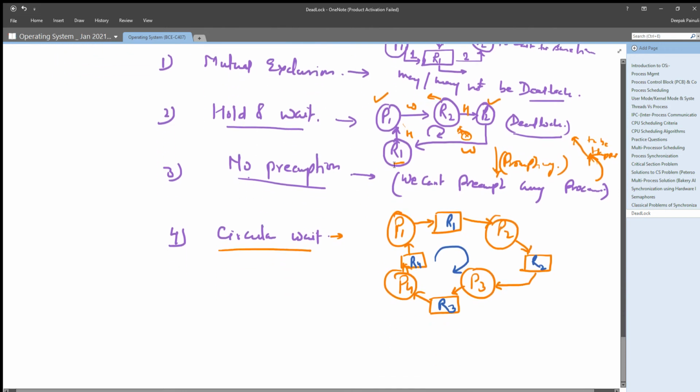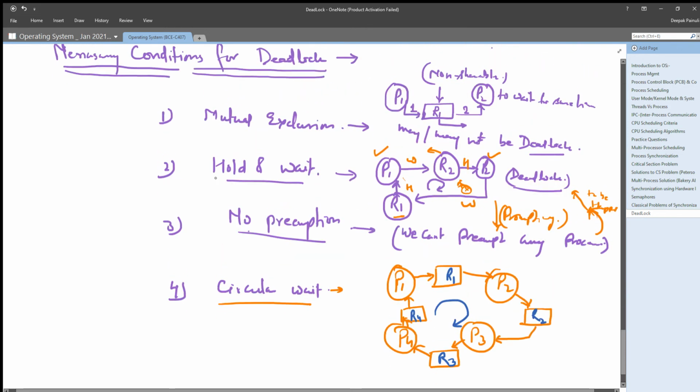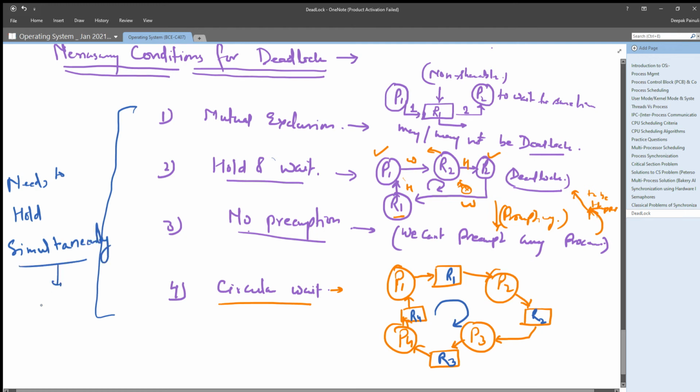Let us understand it. These are the four necessary conditions which need to hold simultaneously, and only then can we be sure about deadlock happening in the system, right?